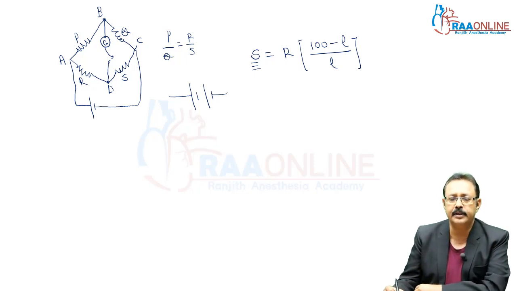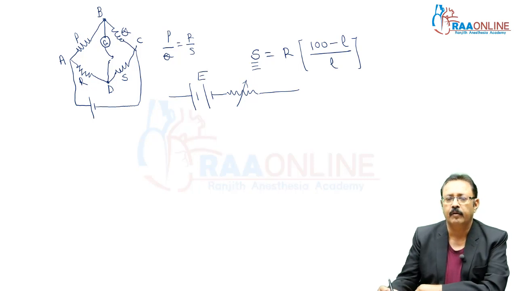See, this is known as primary circuit of potentiometer. In this you have one battery, one rheostat varying resistance, and one 10-meter long wire.